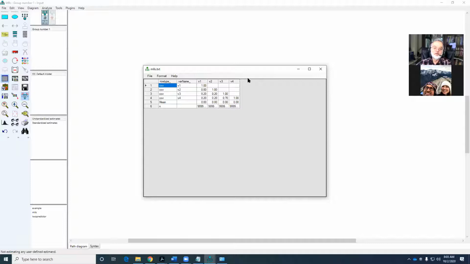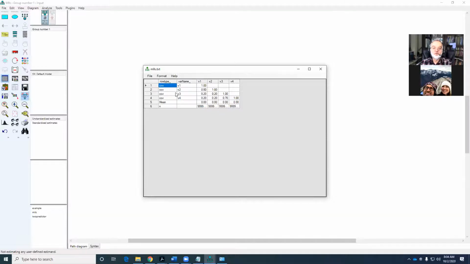And if you want, inside of AMOS, this is also another example of how you can input summary data if you're analyzing someone else's correlation matrix. You can specify the covariance matrix as follows, or you can say it's a correlation matrix and put in another line of standard deviations, and it will figure out the variance covariance matrix for you and the adjoint sums, squares, and cross products matrix.